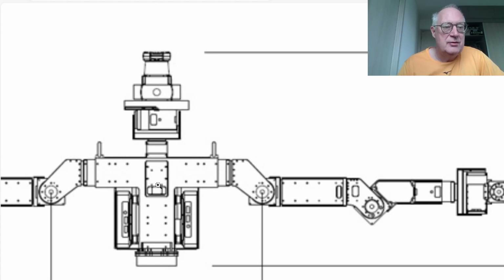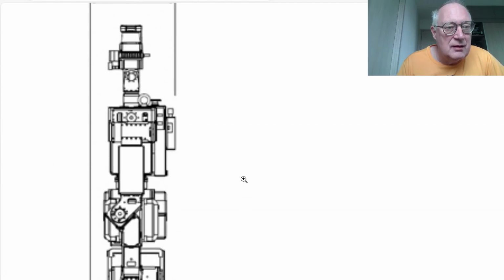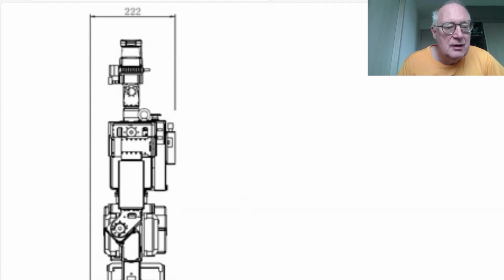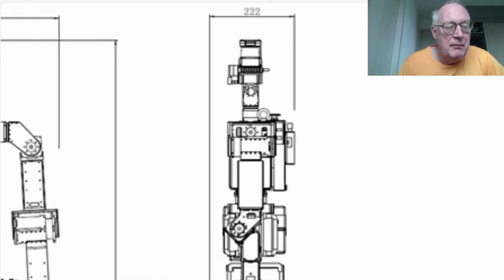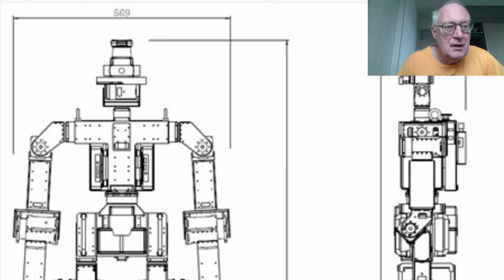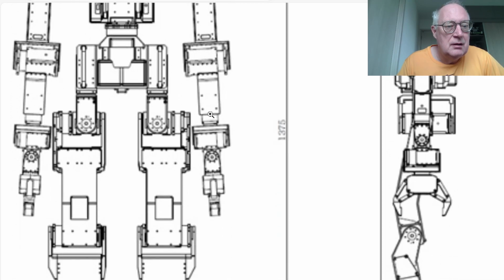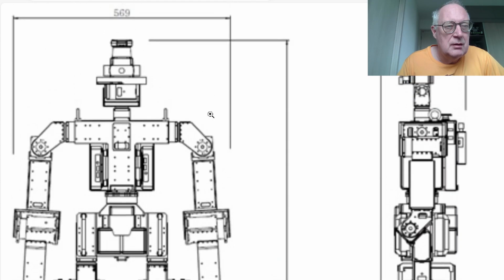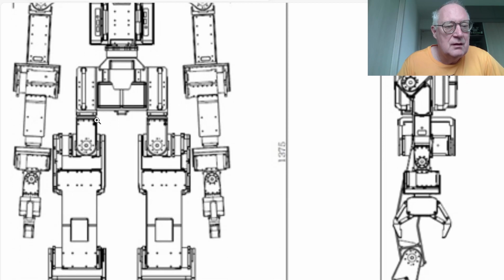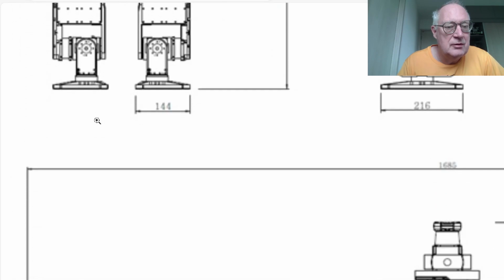For example, the distance from here to there, I think they actually give us the whole distance from here to there: 569. That's with the arms all the way stretched out.